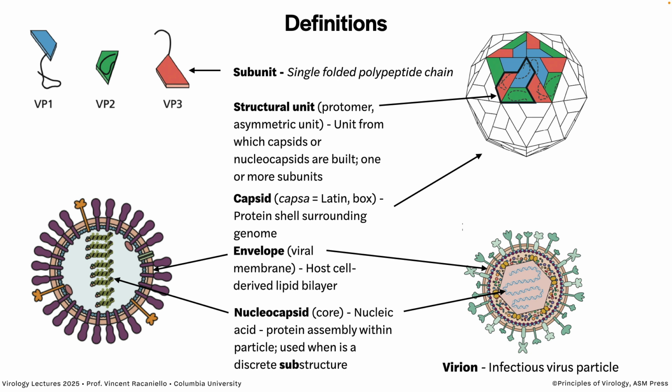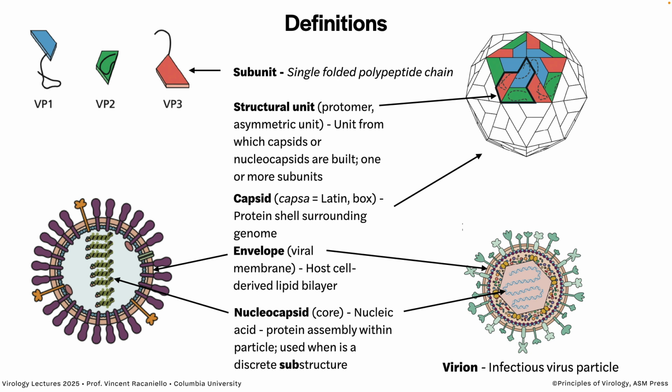All right, so that's subunit and structural unit. Then we have capsid, which is Latin for box. And that's the protein shell surrounding the genome. All right, so it's drawn in the upper right, and we'll see many more of these today. All right, so that is a capsid.